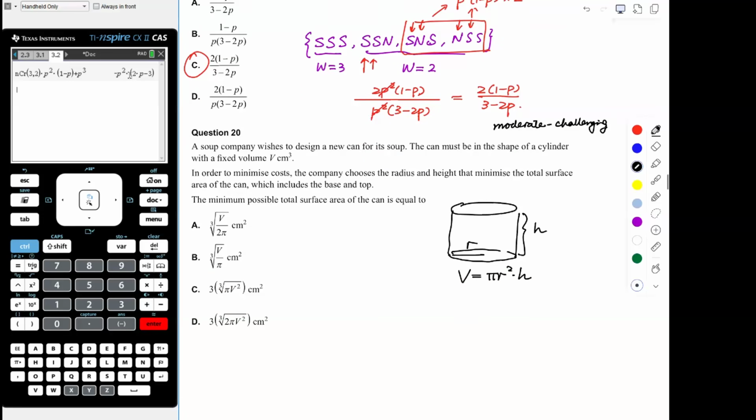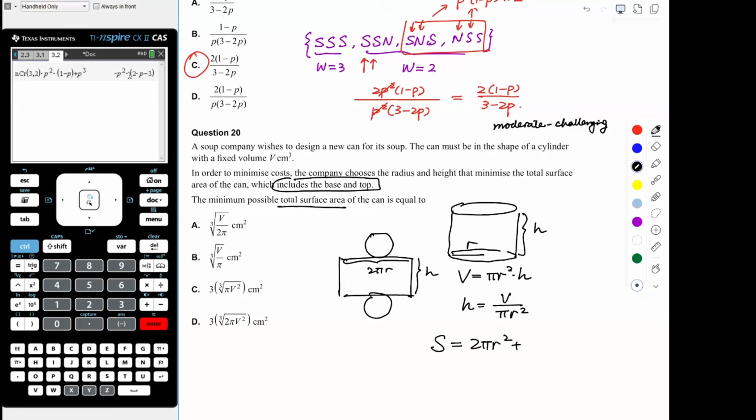The surface area includes the base and the top. So we would like S equals 2 pi r squared, top and bottom, plus, notice this is 2 pi r, this is h, so we have 2 pi r times V divided by pi r squared.